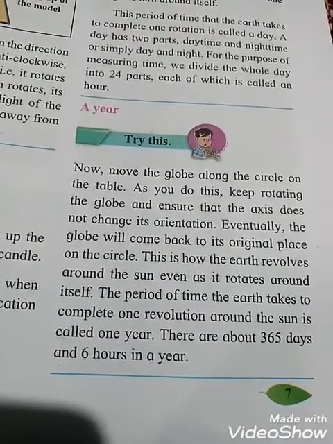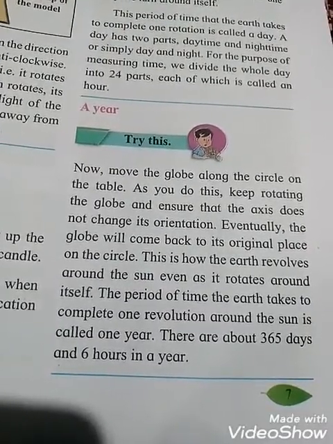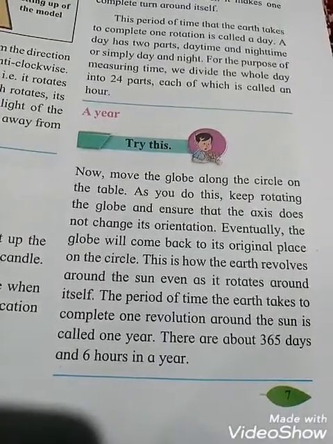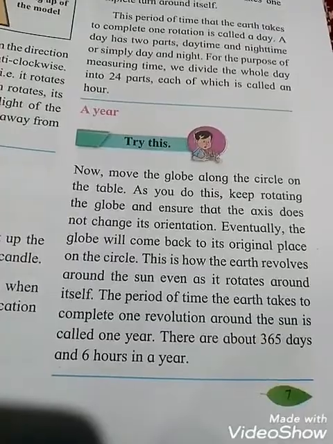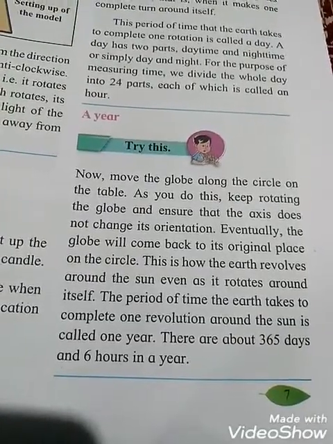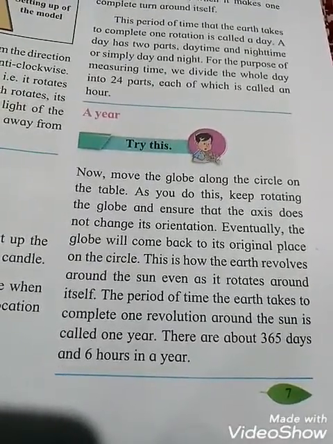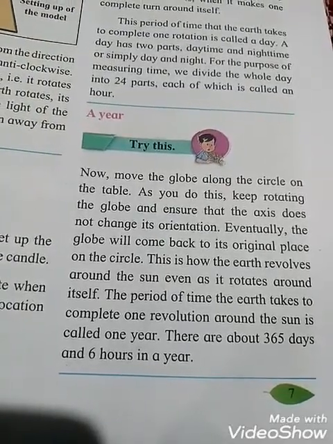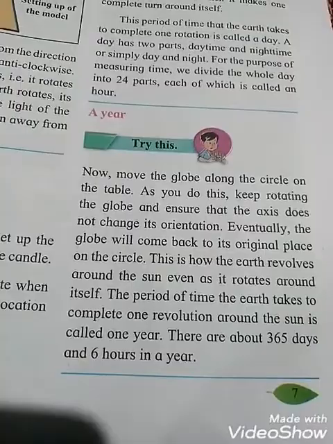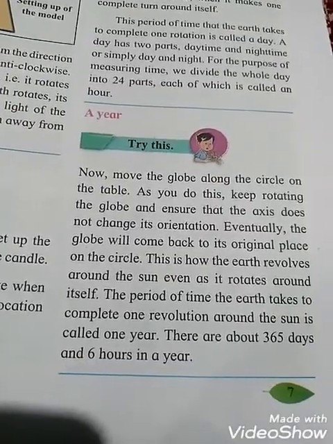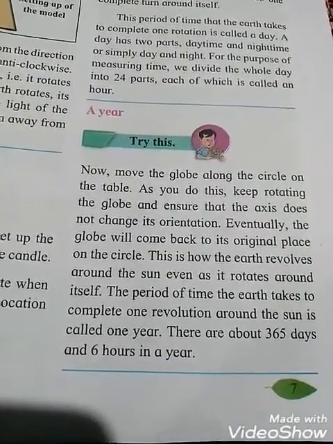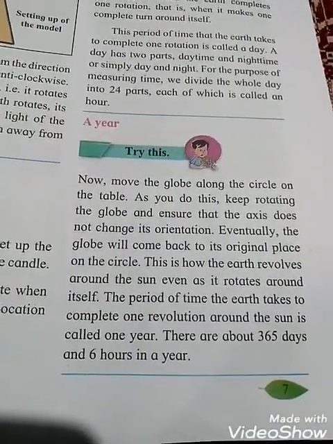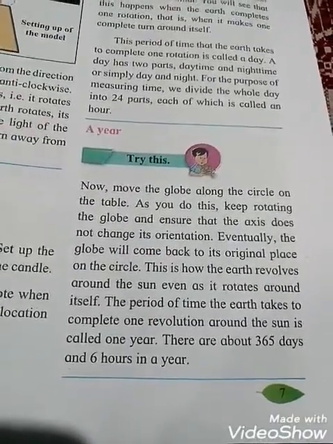But one revolution around the sun is called a year, and there are about 365 days and 6 hours in a year.